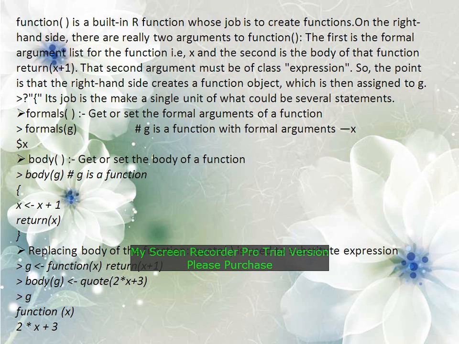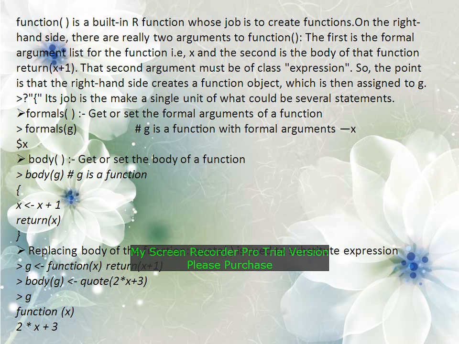On the right hand side there are really two arguments to function. The first is the formal argument list for the function, that is x, and the second is the body that the function returns. So x plus 1 is the body and x is the formal argument.